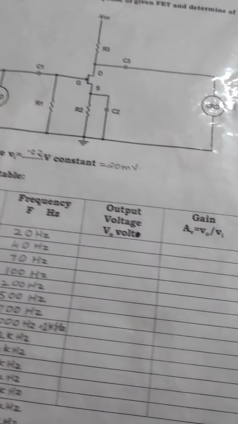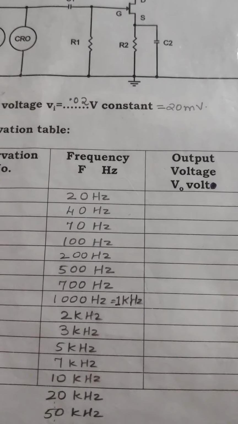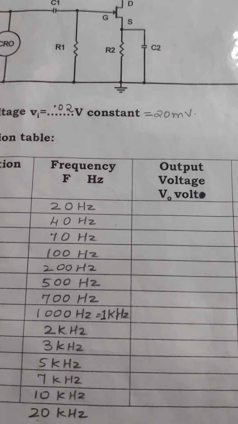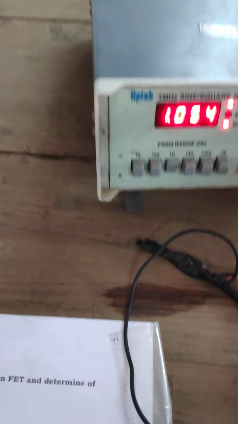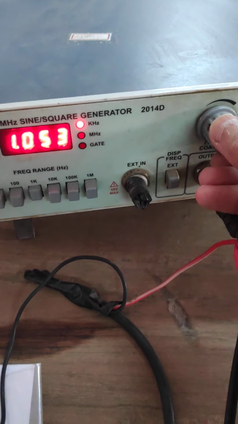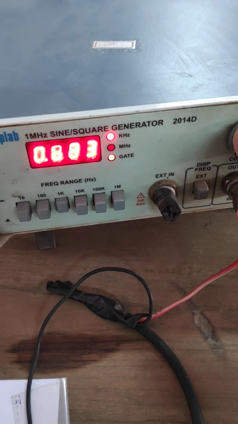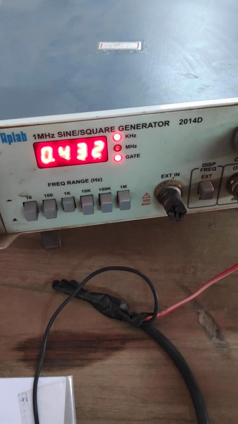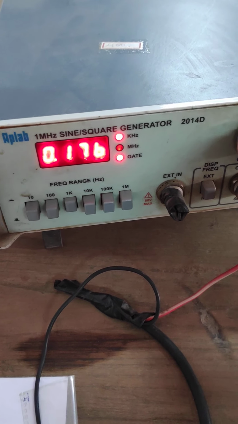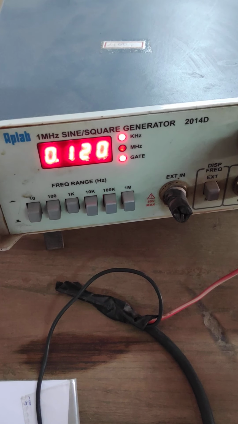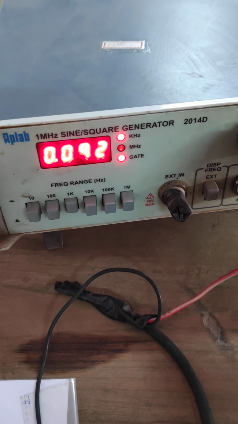Now what you have to do in this experiment is you have to change the frequency from 20 hertz. So here we can keep the frequency at 20 hertz by using this knob. I will keep it at 20 hertz. Now since the reading is being shown in kilohertz, so we have to keep it at 0.02.